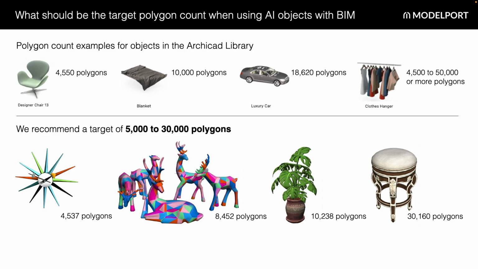Now, of course, we could make that even higher quality, but looking at this, that's probably all we need. This plant, which is a pretty good quality looking plant, is 10,238 polygons, so I think that would work okay. And of course, that bar stool, the detailed one we looked at originally, was 30,000 polygons. So those seem to work pretty well, and even the bar stool could come down further, as I'll show you in a second.